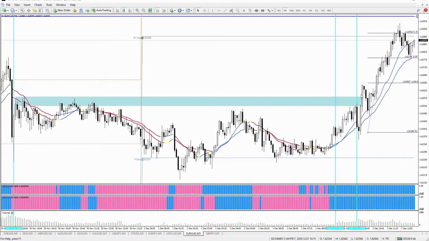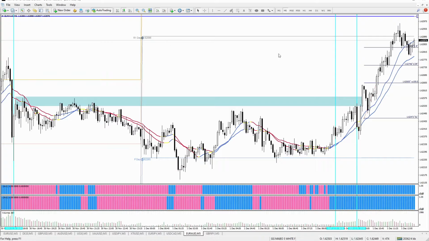This is a breakout. The bears are trying to push it back. They can't. They bounce on the moving average, and then they break out again. And here your stop could be put here, so you have a higher probability of reaching your targets.